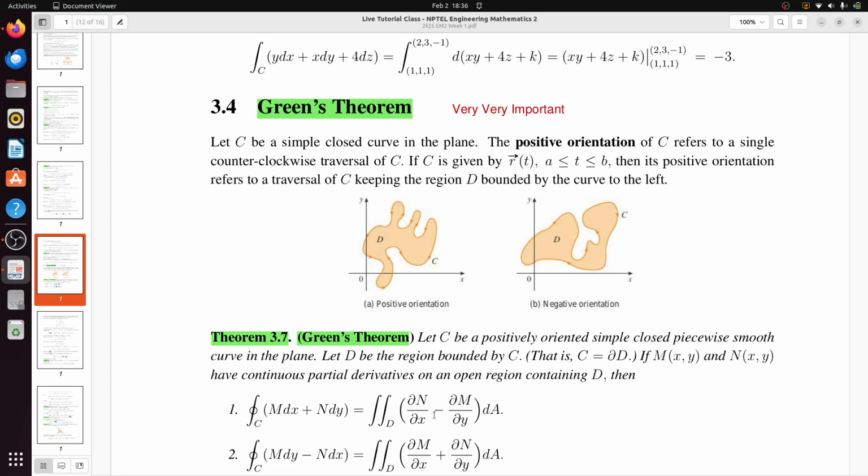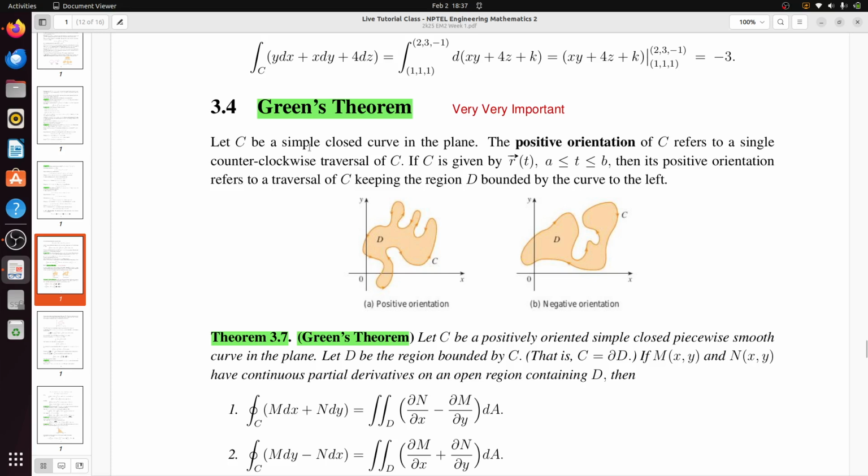Using Green's theorem you will be able to solve many interesting problems that would be very hard to solve otherwise. So we will now discuss Green's theorem.